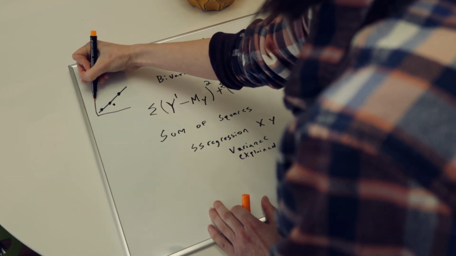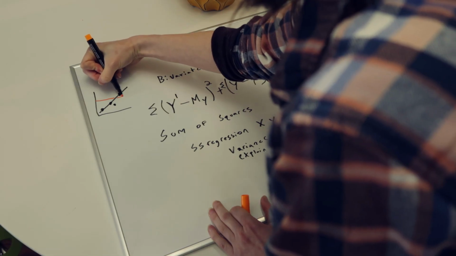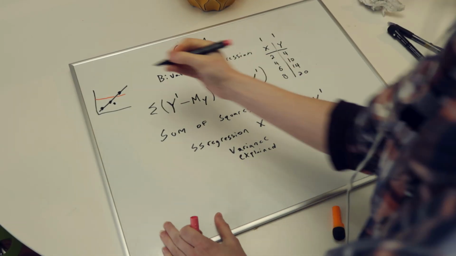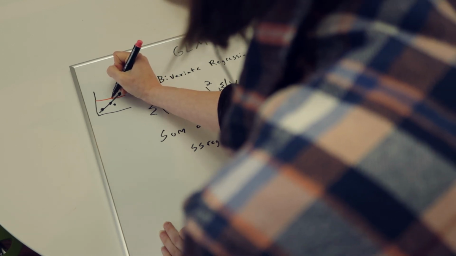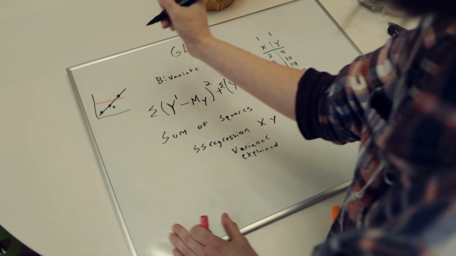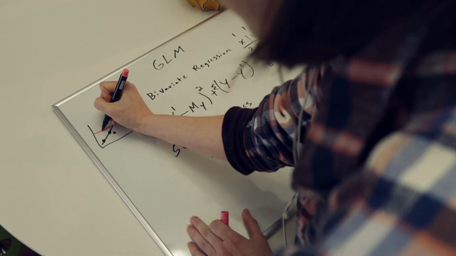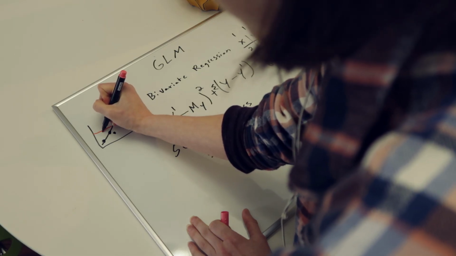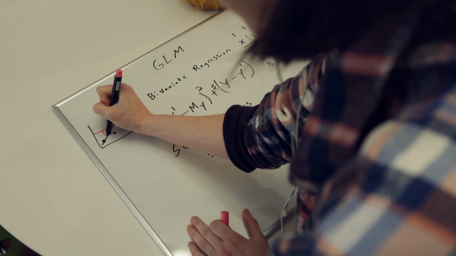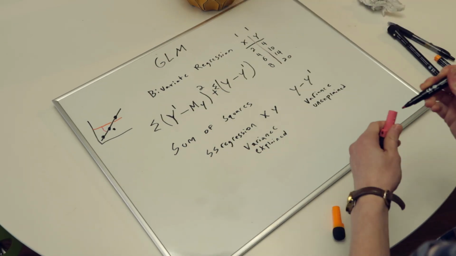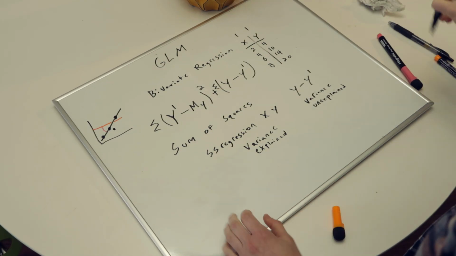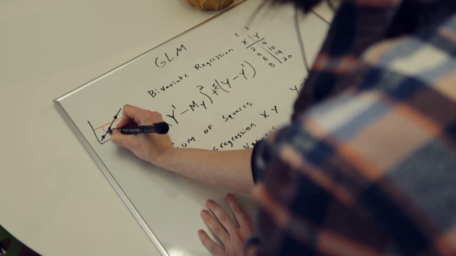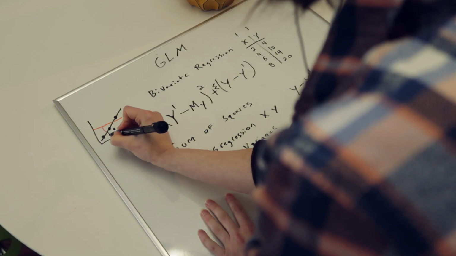If you've got the mean, say right here, you've got to look at the distance from the mean to the regression line, and then from the line to the actual point.